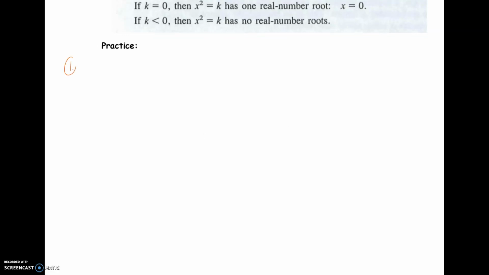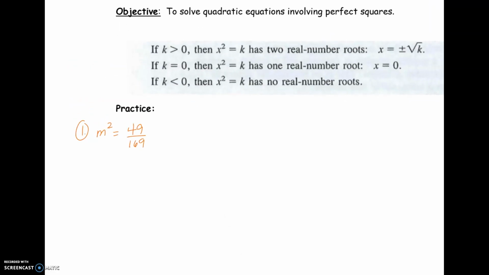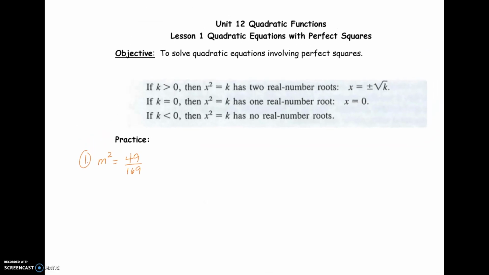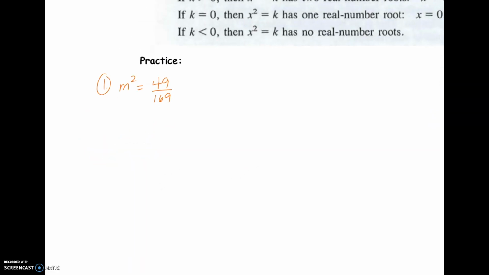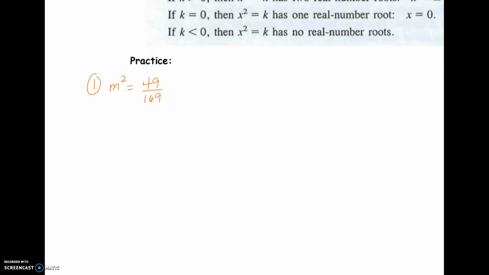So in number 1, for example, if I have m squared equals 49 over 169, this would be a great one to solve using perfect squares, because m squared is a perfect square and so is 49 and so is 169. So I see that my variable squared on the left is isolated and that it equals 49 over 169, which is greater than 0, so I'm going to have two solutions.